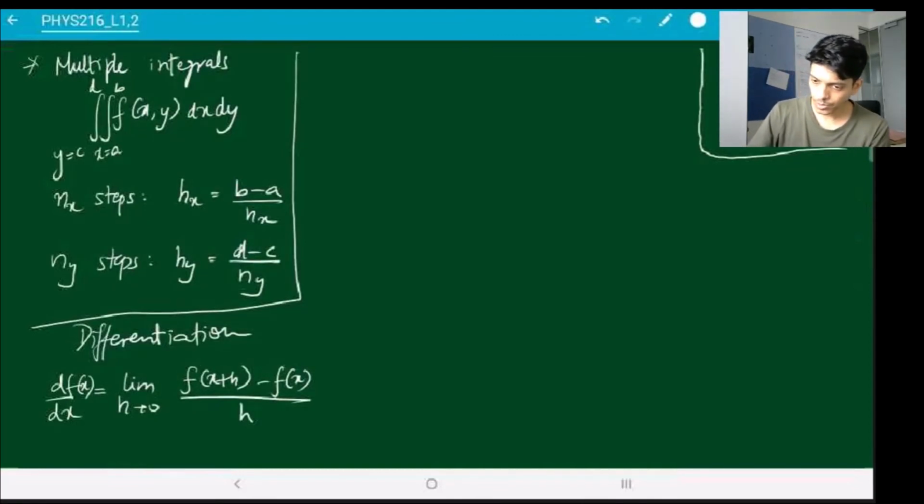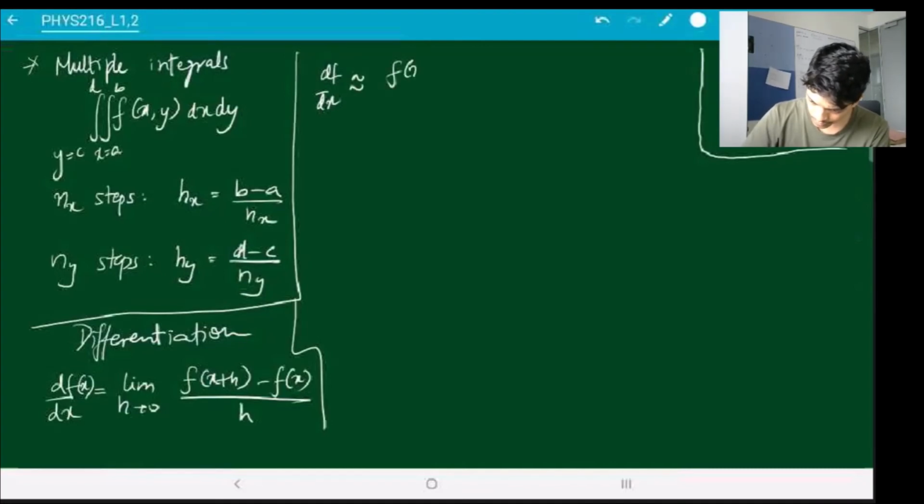What you're doing is finding the slope of the tangent to the curve f of x at this point x. So the easiest way to do this is to use just the definition itself. You say that df by dx is approximately just (f of x plus h minus f of x) divided by h.